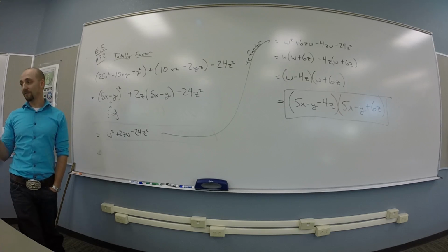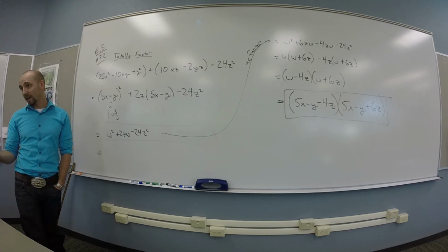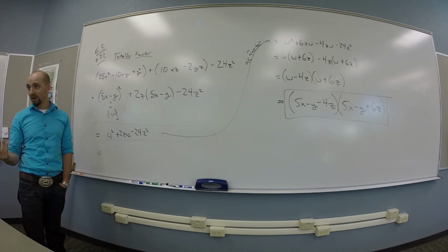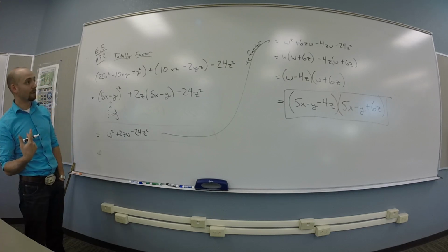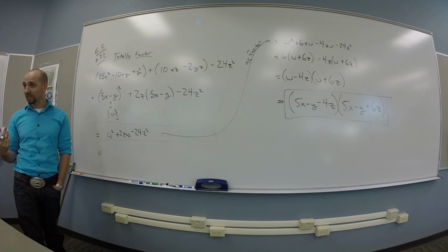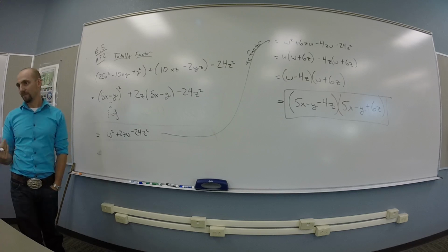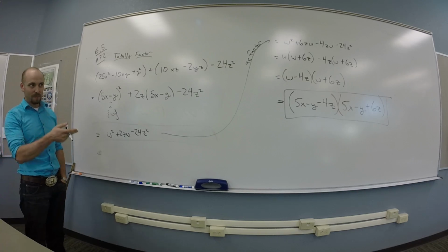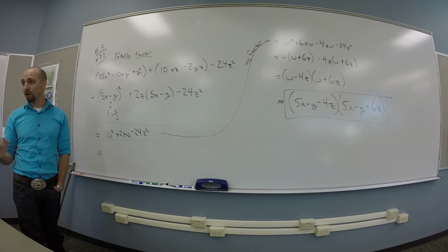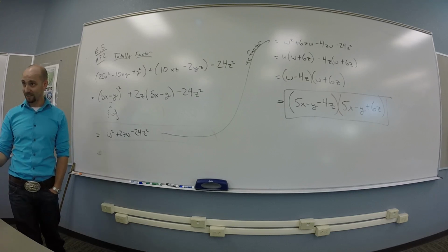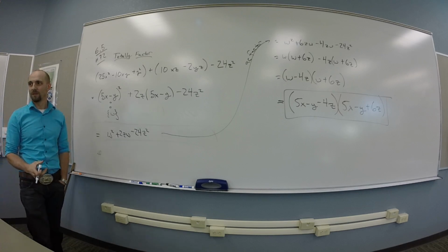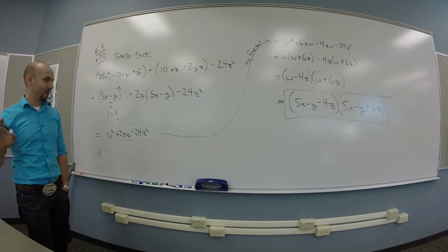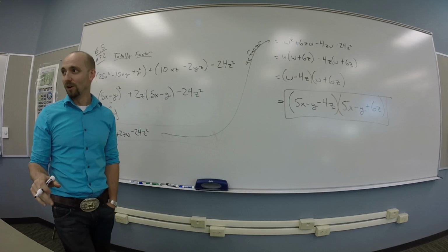But you have to know that it actually factors into two terms. For all I know, this was going to factor into 3 terms or 4 terms, or, well, it probably wasn't going to factor into 27 terms. It didn't have to factor. Cool? Good?